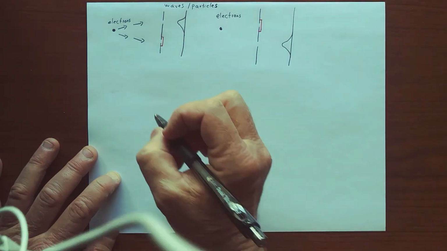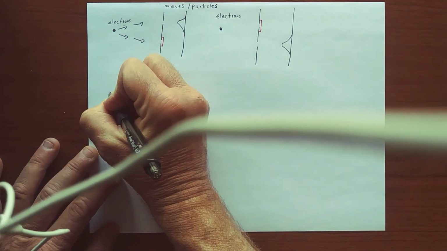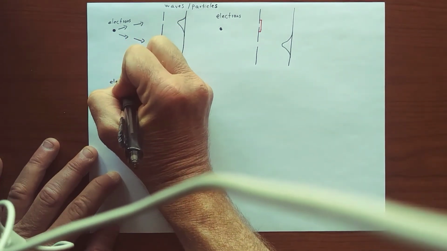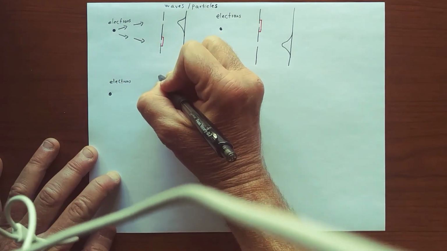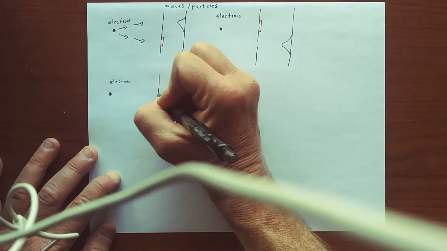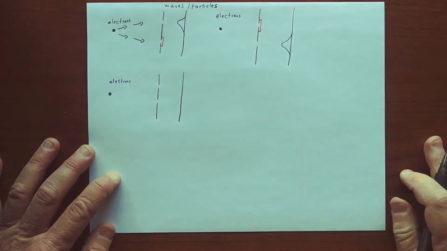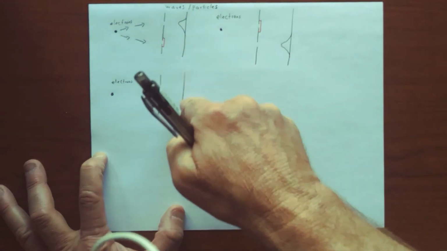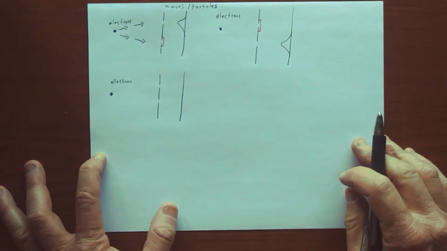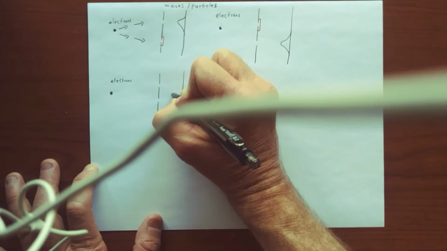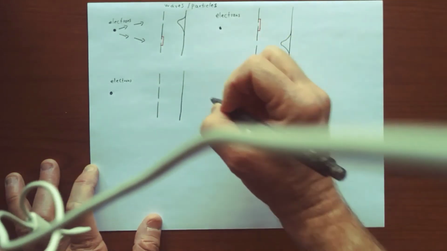But now let's do the same experiment keeping both slits open. Do we get the pattern that we expect, which is two peaks, these two peaks added together? And the answer is no. We get the greatest amount of electrons hitting here.